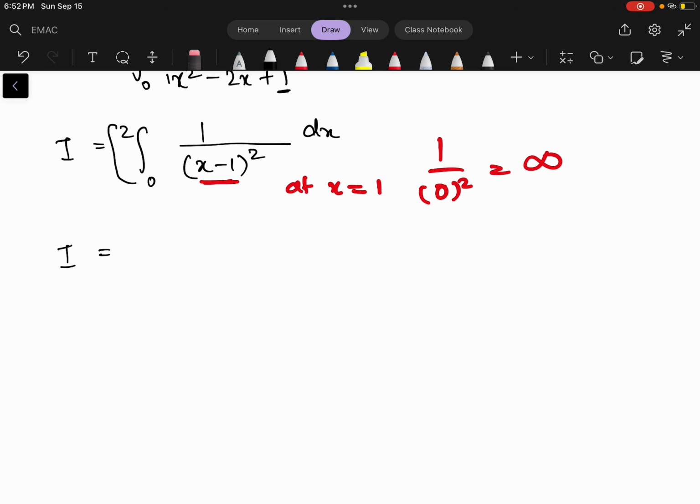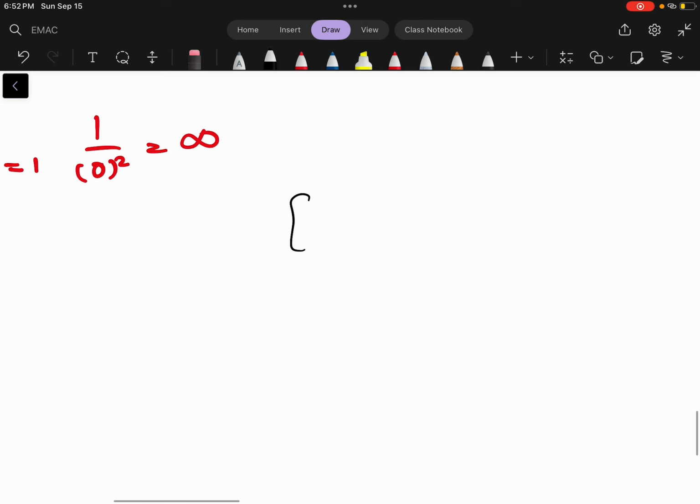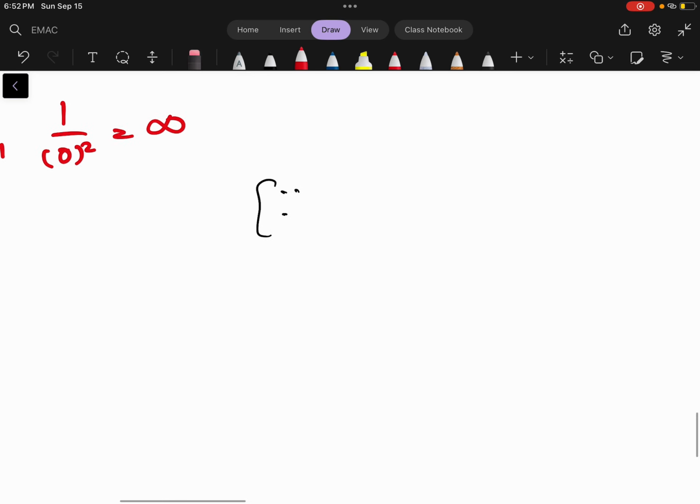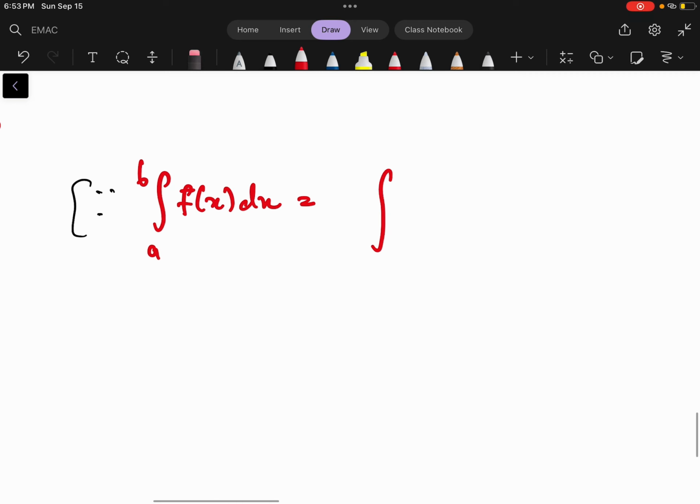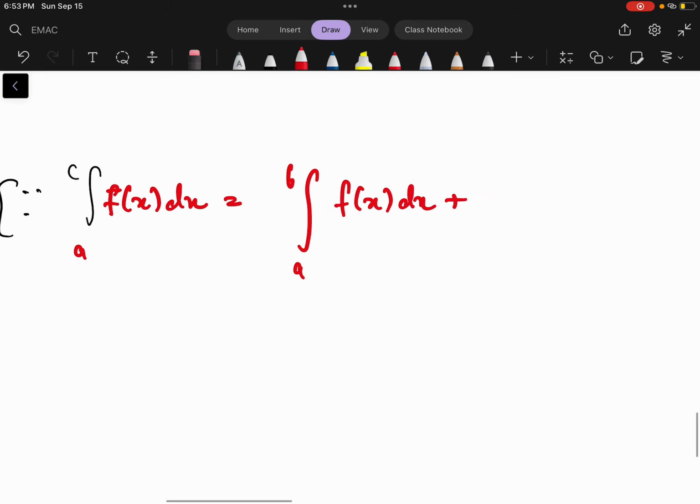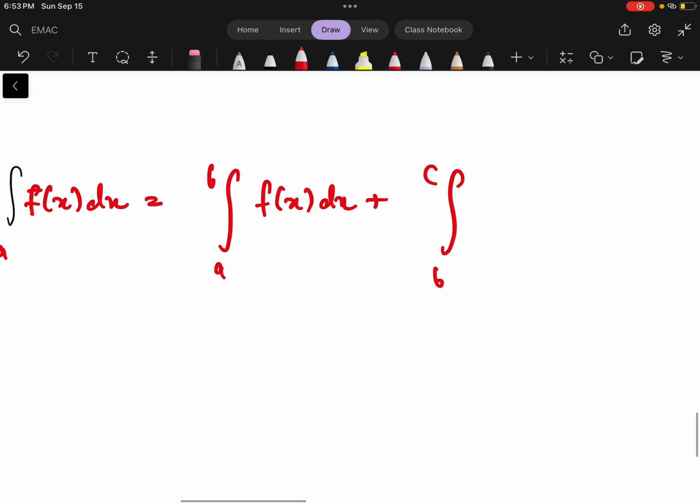We're going to use a property of definite integrals, which will allow us to split this integral into 2. I'm going to write the property out here first. That property is that for the integral from a to b, you can always split it: the integral from a to b of f of x dx plus the integral from b to c of f of x dx.